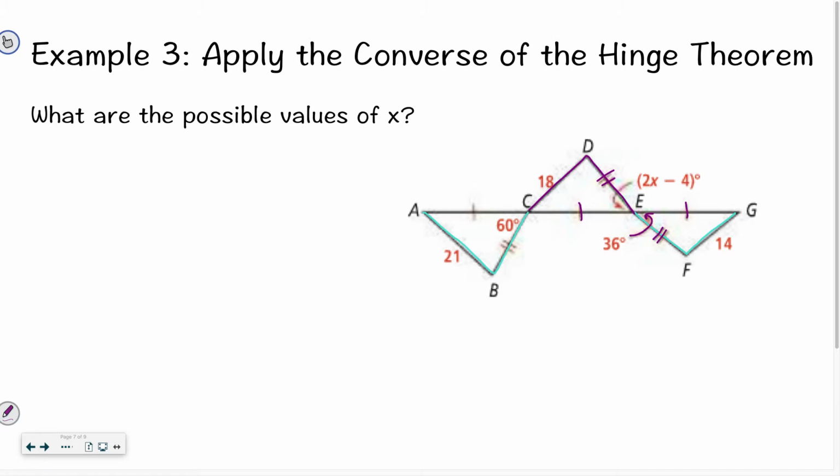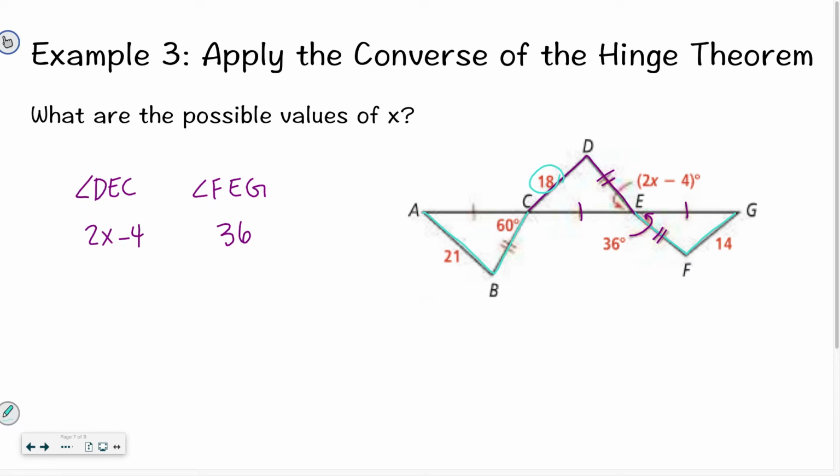So I know that I'm going to be comparing angle DEC to angle FEG. I know that FEG is 36, and I know DEC is 2x minus 4, but I have to figure out which one is bigger than the other. Well, 2x minus 4 is opposite of 18, right? The side that it's opposite from is 18.